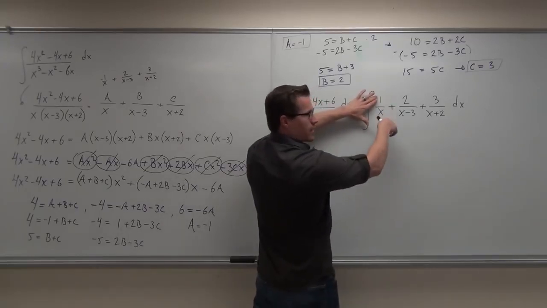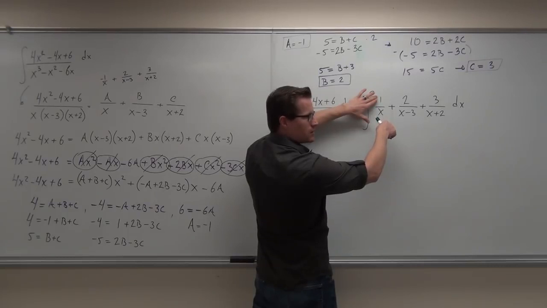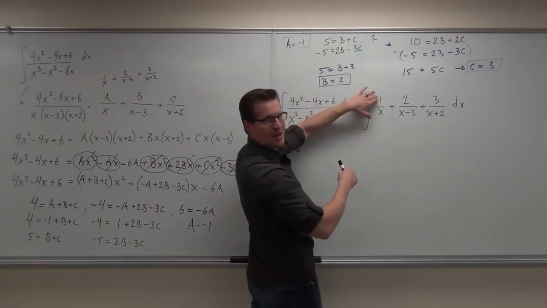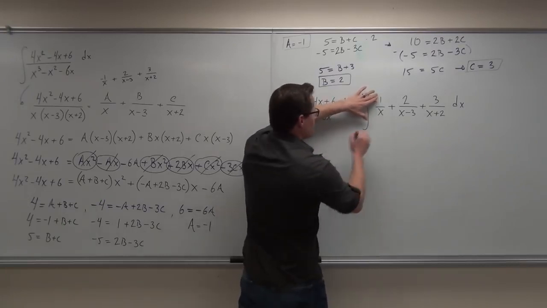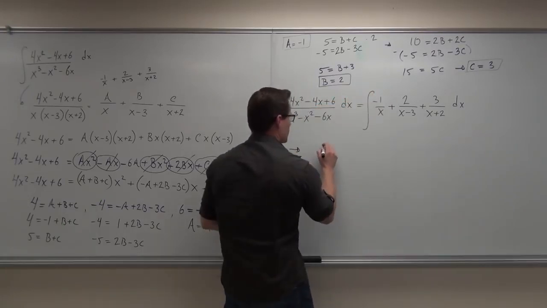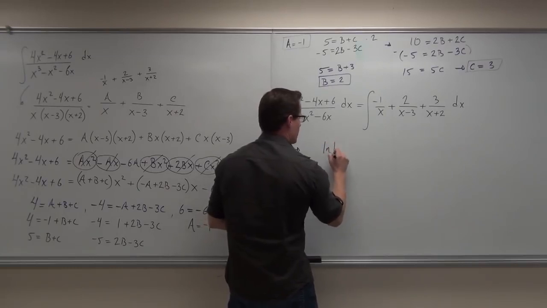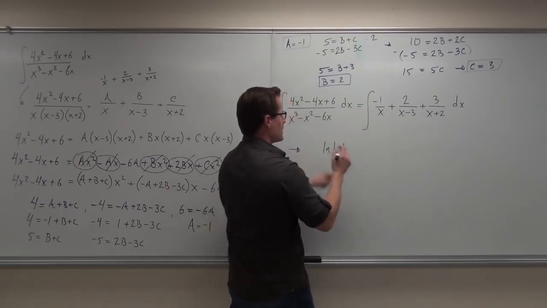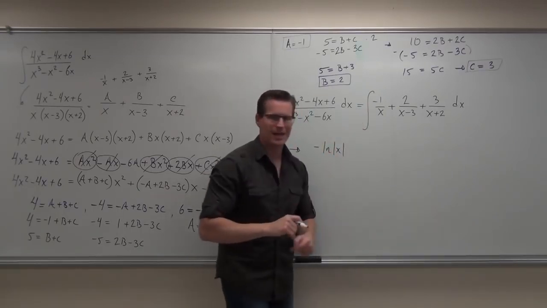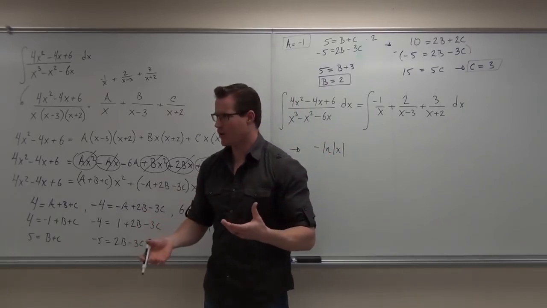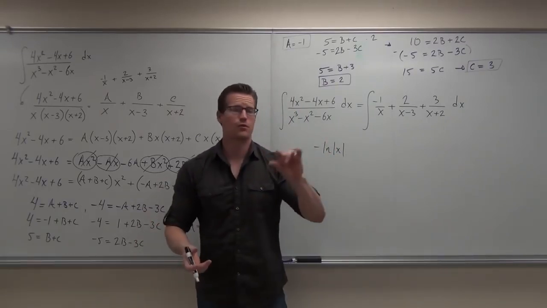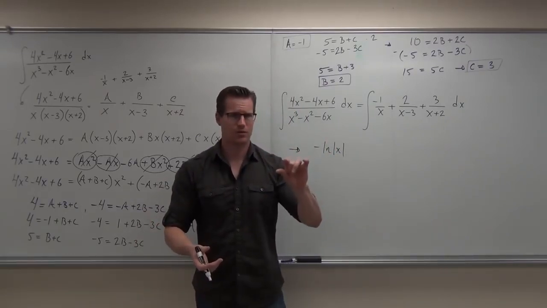The integral of 1 over x is ln absolute value of x. Remember the absolute value? Since it's negative, we just have a negative out front. The negative is that constant, it's a negative 1. So if we have a coefficient, the coefficient just stays there. Quick head nod if you're okay with that one.